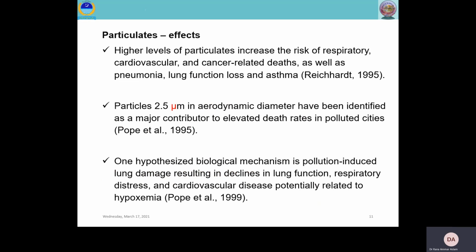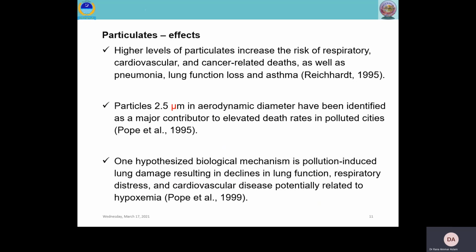If we see their effect, especially on human health, their effect varies depending upon their size, because smaller particles pose more harm on health compared to the larger particles.